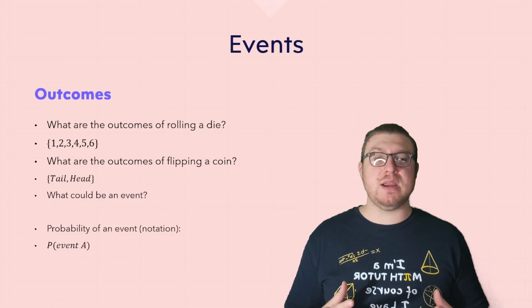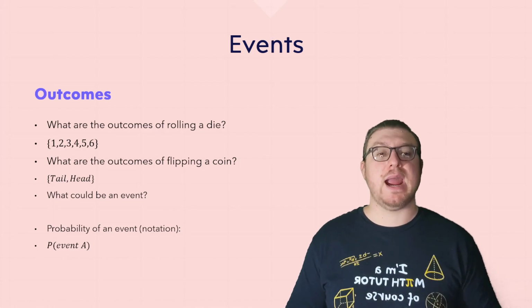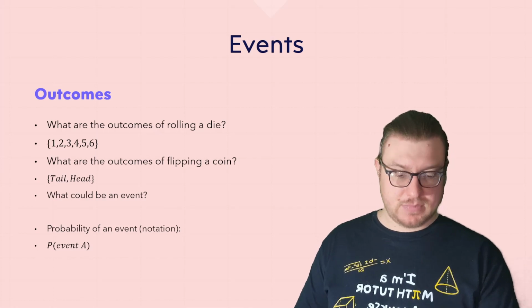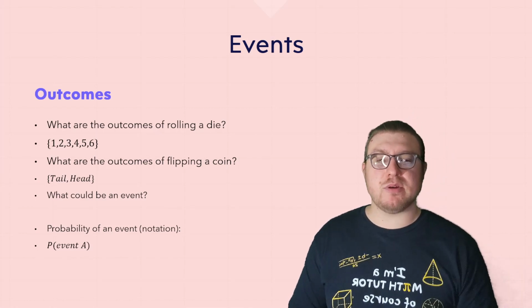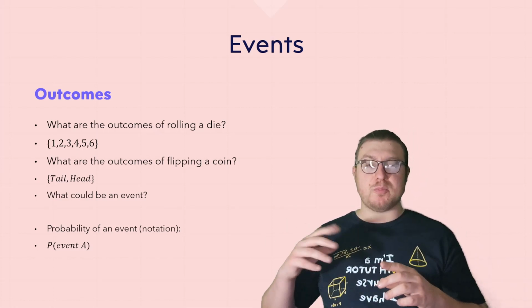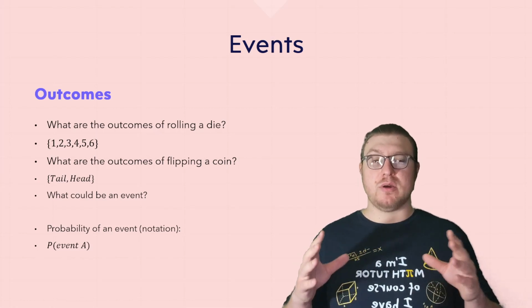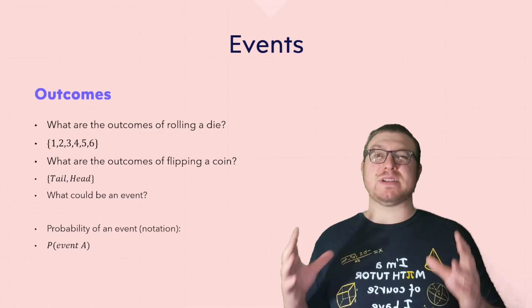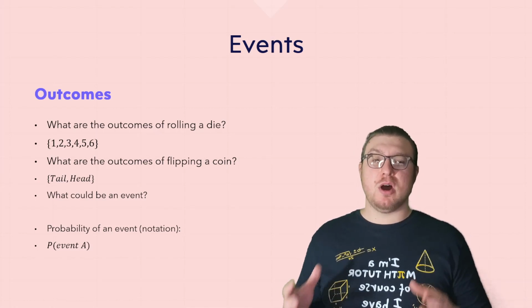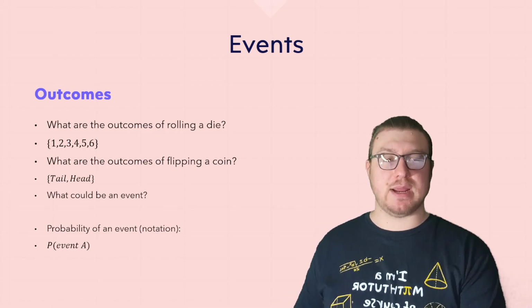An event could be rolling 3 and getting head with your coin flip. If we write down the probability of an event, our notation is here at the bottom. P represents probability, and the brackets are what we take the probability of. So we read this as the probability of event A happening.